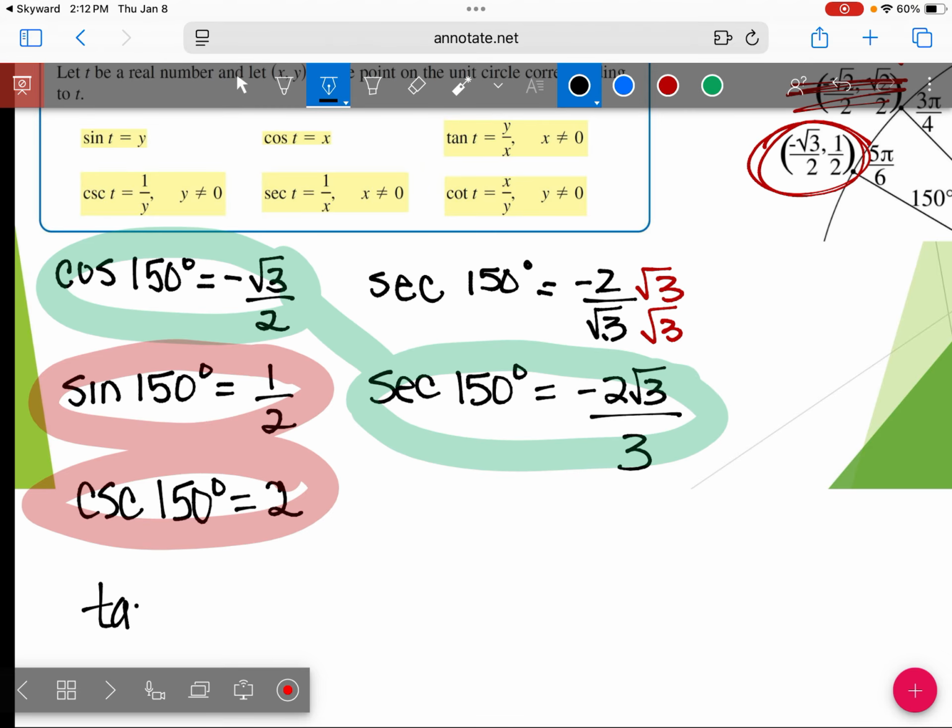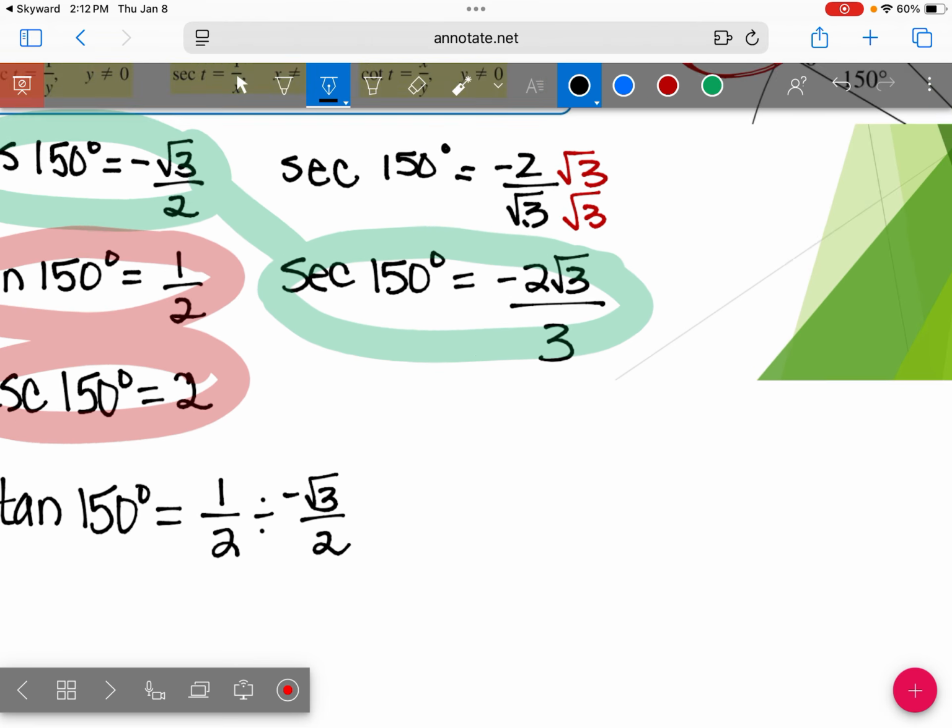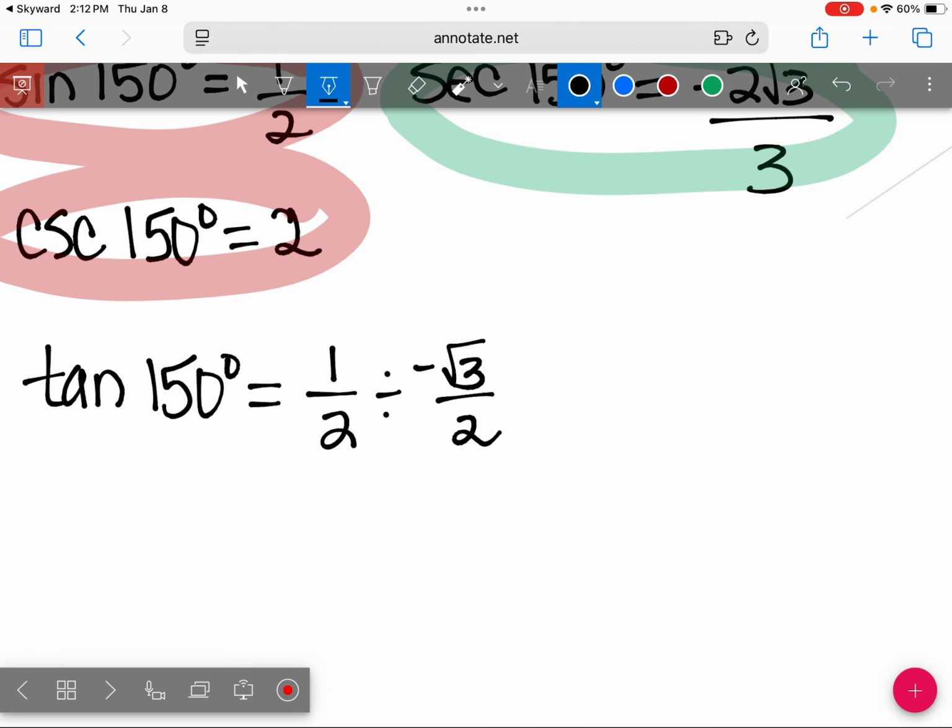So tangent of 150 degrees, that is y divided by x. So I'm going to take my y, which is 1/2, and divide it by my x. Now we have to flip it. So that'll be 1/2 times negative 2 over root 3.